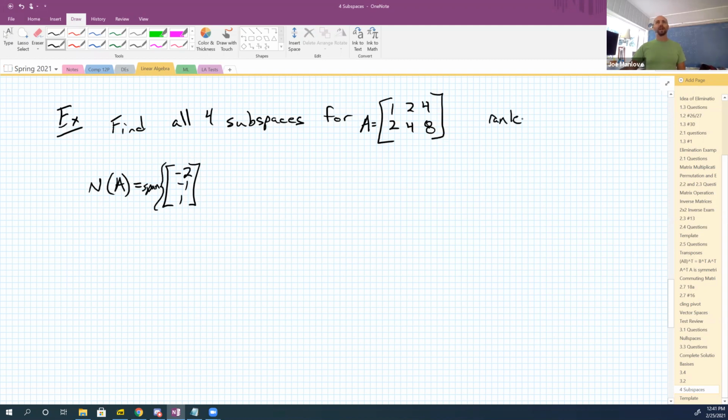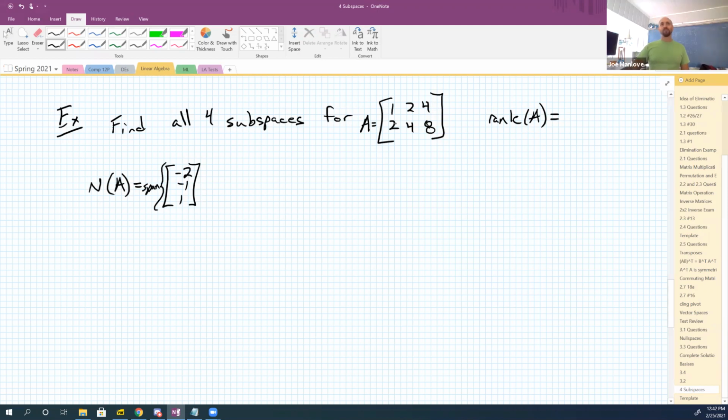Let's think about the rank of A. I think that's where I should probably start. The rank of A is either the number of linearly independent rows or columns, right? So tell me a story about columns here. What do you guys see about all the columns? There's only one linearly independent column.